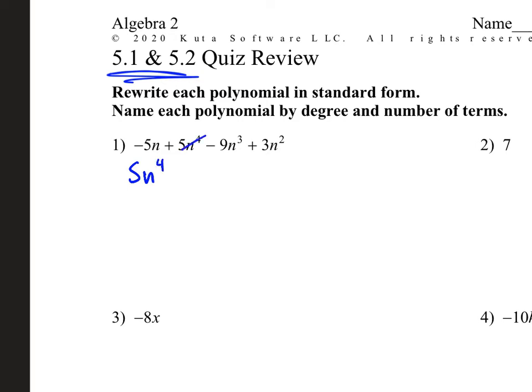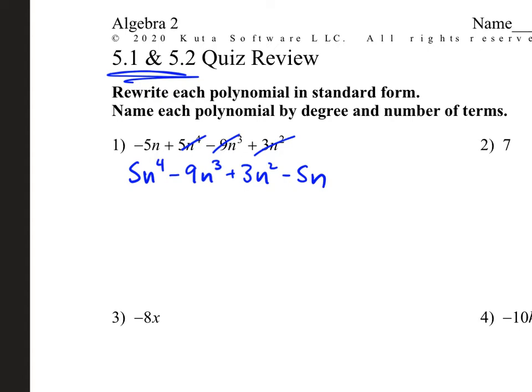What comes next? Negative 9n to the 3rd power. And then? 3n squared. And then minus 5n. So the highest degree comes first, and then it just goes in descending order.